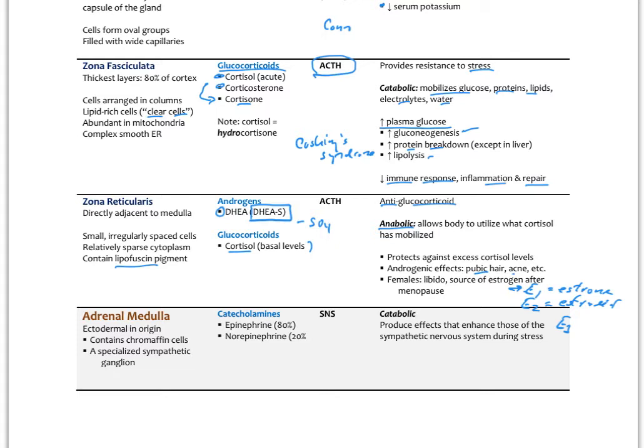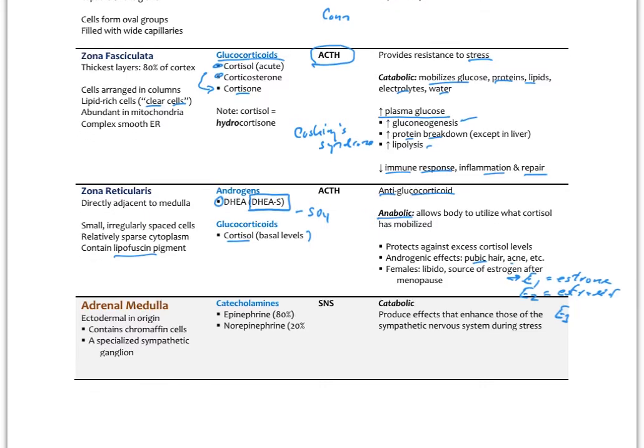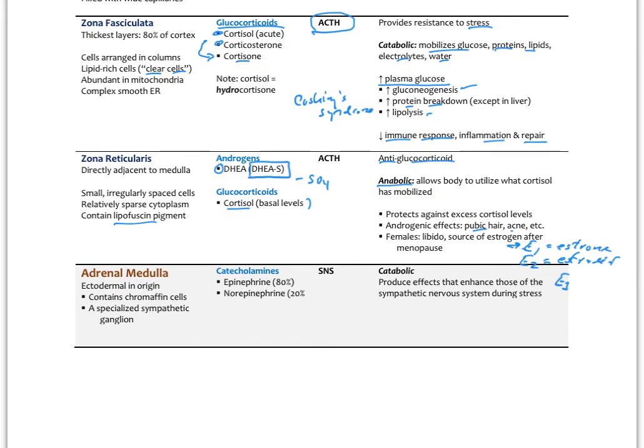Okay, so that's the reticularis. The innermost part of the adrenal, the core, is the medulla. This is not of mesodermal but ectodermal in origin. We can think of it really as an extension of the sympathetic nervous system, as a specialized sympathetic ganglion. There are what I call chromaffin cells. The chromaffin cells stain dark because they have iron in there.